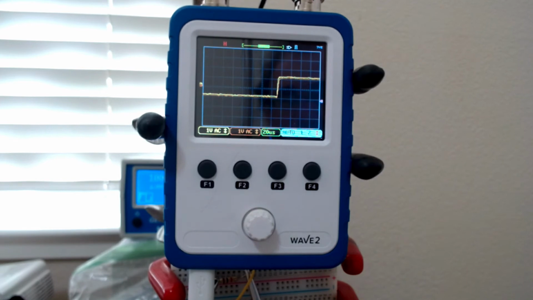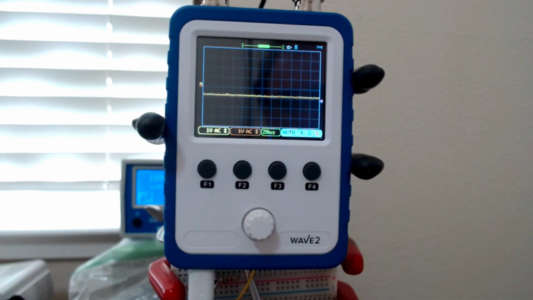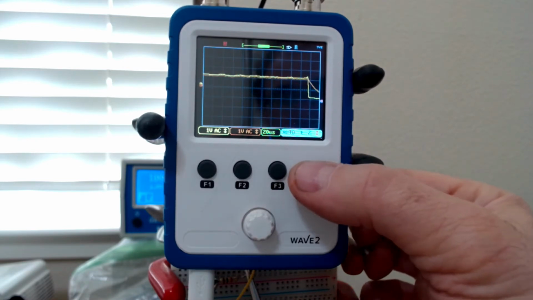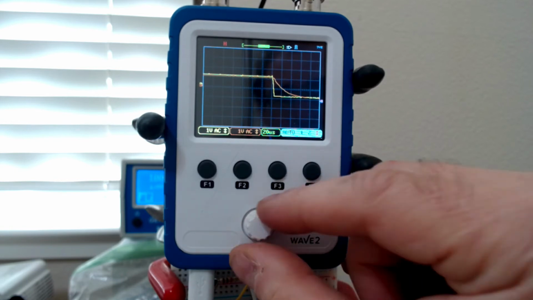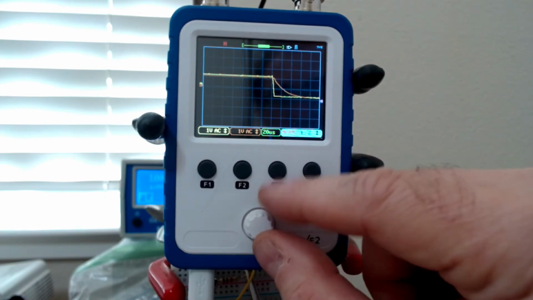There. So I froze it. Now if I change the inductance and I freeze it, and let me change the signal. One second.